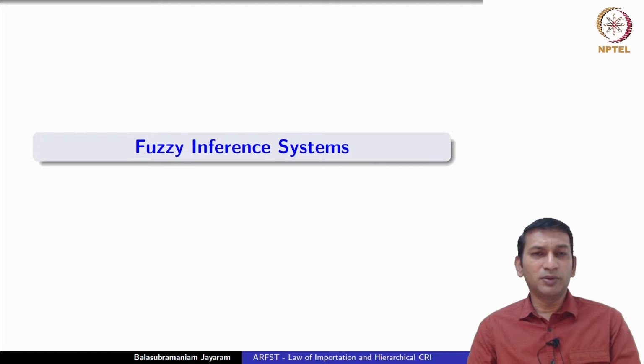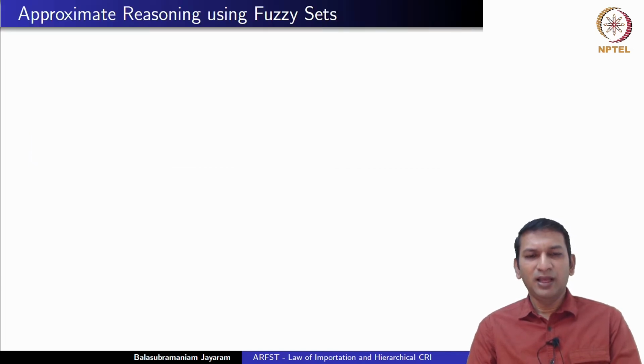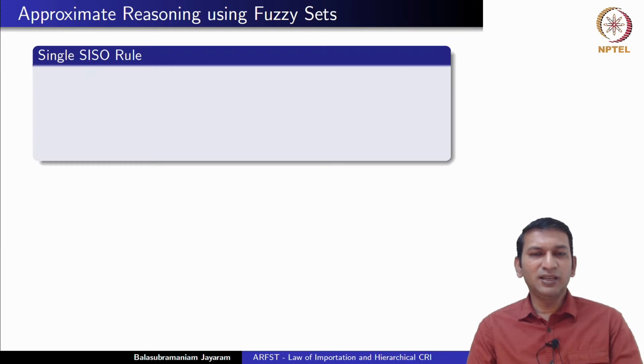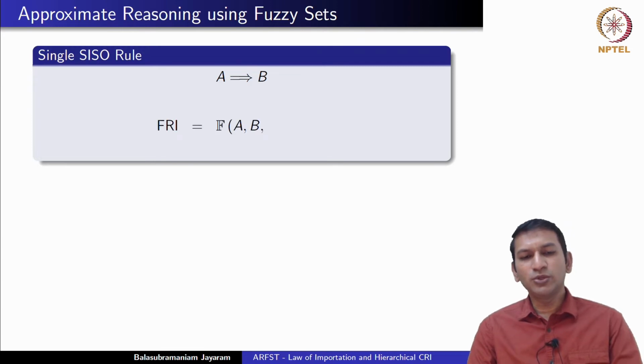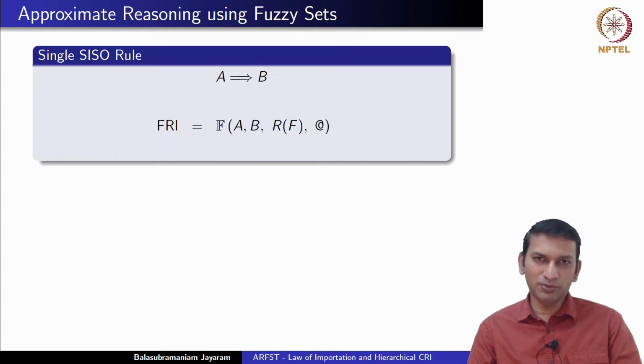Let's begin by looking at fuzzy inference systems themselves. In the case of a single SISO rule, we have this A implies B. This is the rule that is given to us. If you are using an FRI, all we need is a function f to relate the antecedent to the consequent and obtain a relation, and a composition operator.